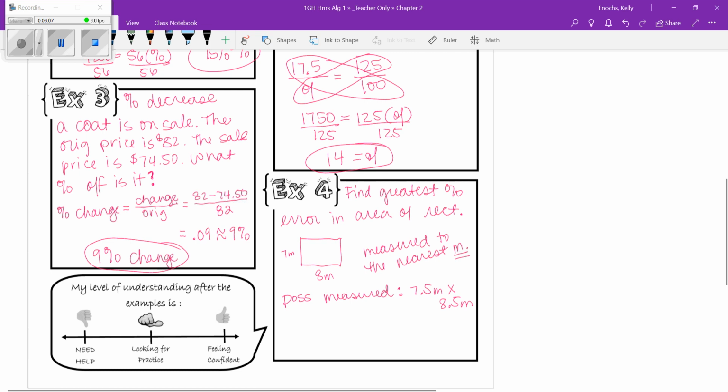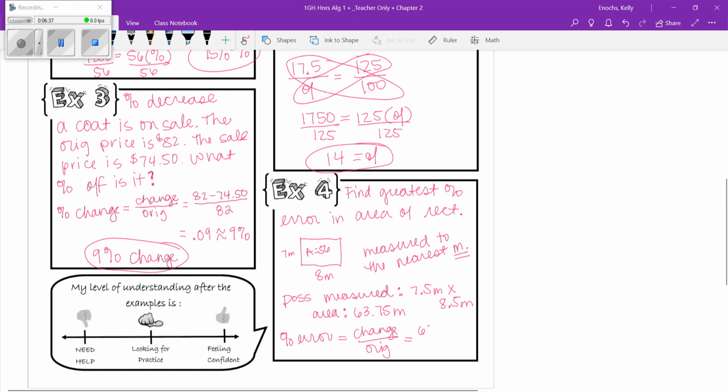So if I multiply and find the area of these possibles, 7.5 times 8.5, I end up getting 63.75 meters. Of course, our original area is 56, right? 7 times 8. So just like we did in percent change, our percent error is going to be the change divided by our original.